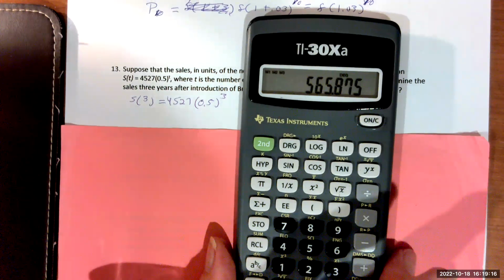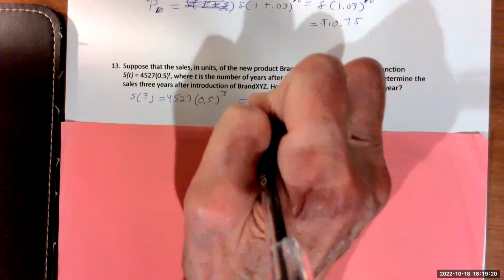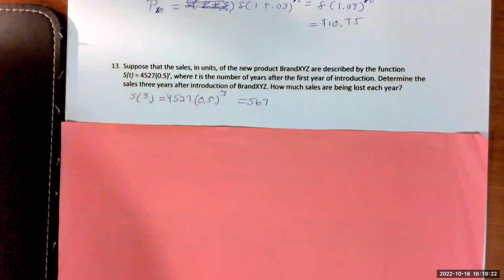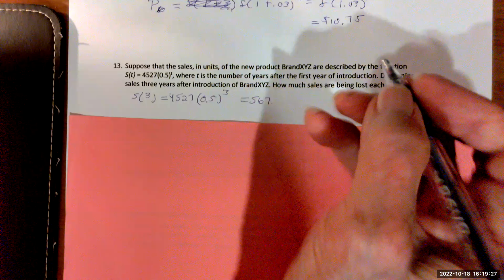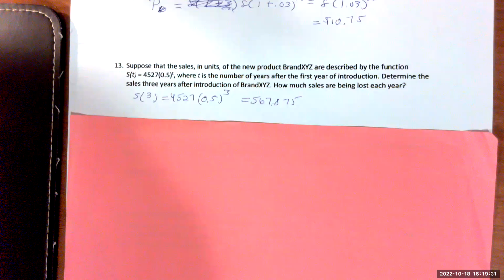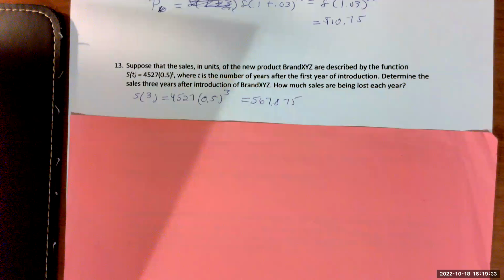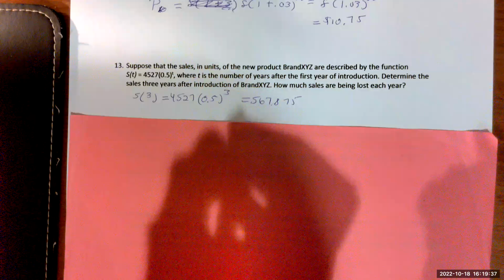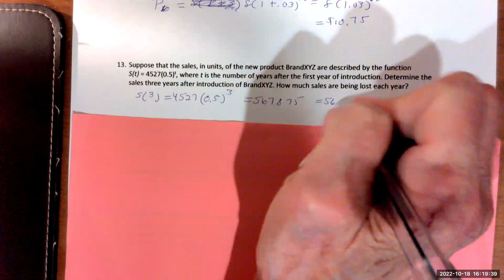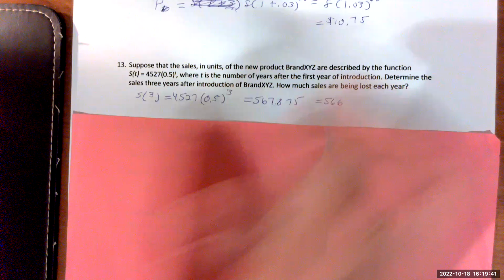So we expect the sales to be 565.875. And let's see, is that actual sales? Yeah, so that's actual sales. So we actually should round this off because these are actual units. So you want to go ahead and round this off to 566. These are sales, so these are actual units.